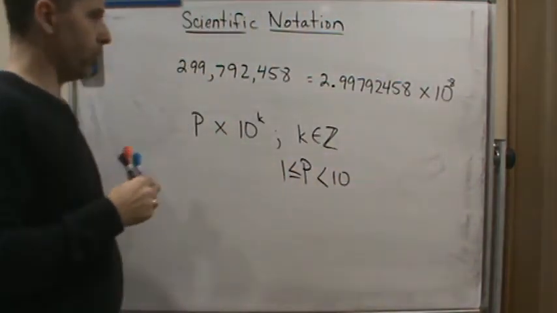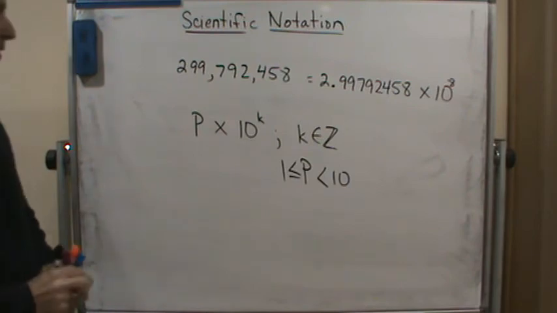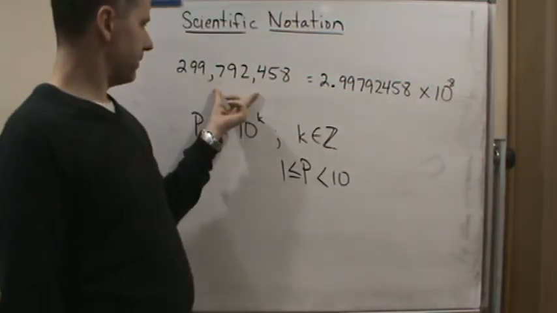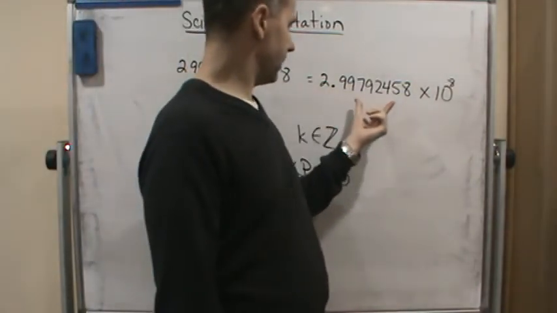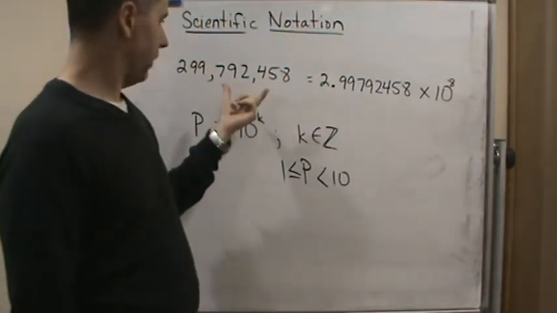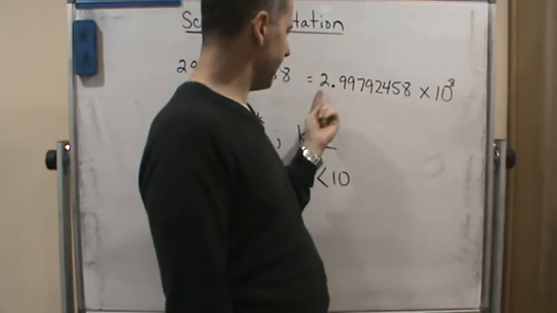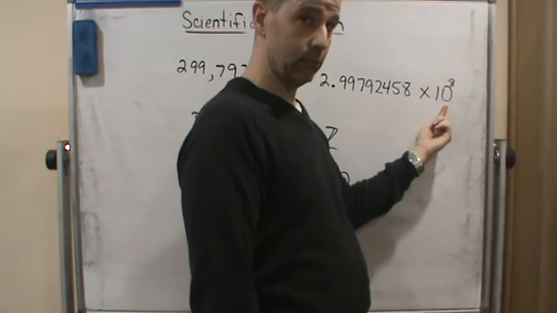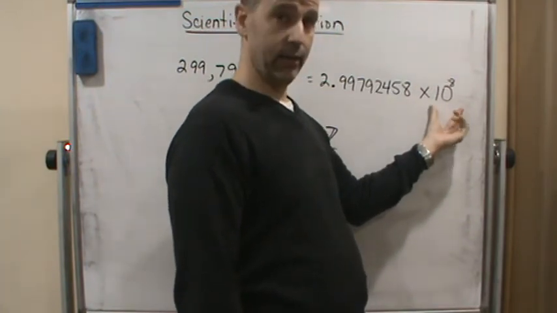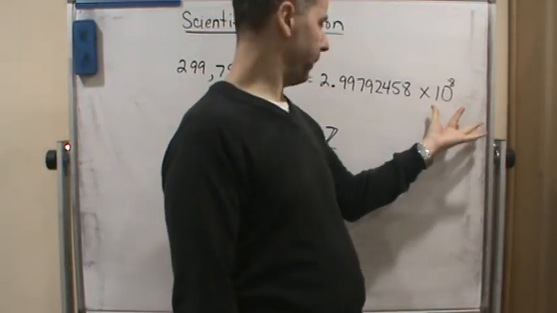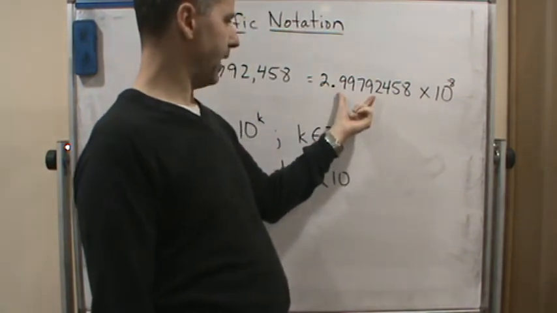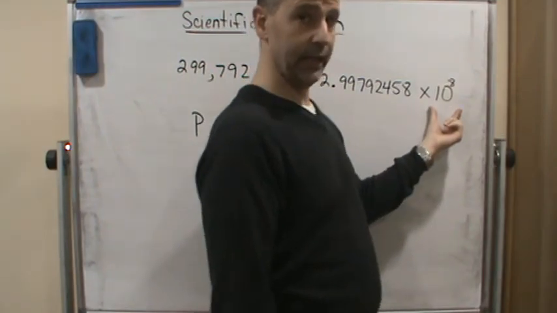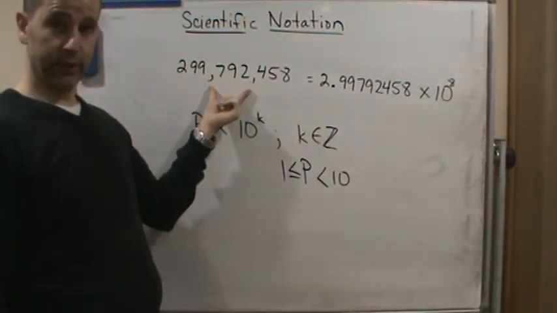Do you agree with this statement, that this is equal to this? If I take this number times this power of 10, well, what's this power of 10? This is 100 million, right? So basically I'm taking 2.99792458 times 100 million. That is equal to this.